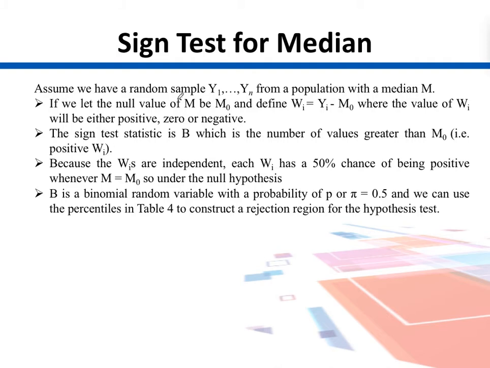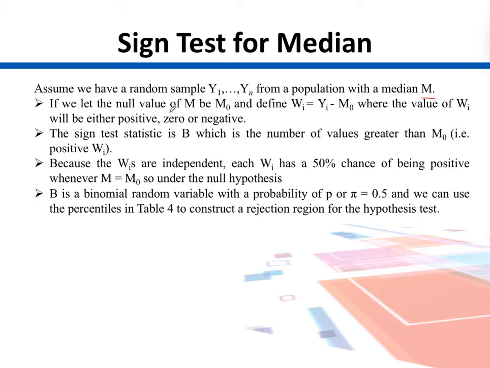So assume we have the random sample y1 up till yn from a population with median that's equal to m. The sample size can be anything between 1 to n, and the median is given by m.